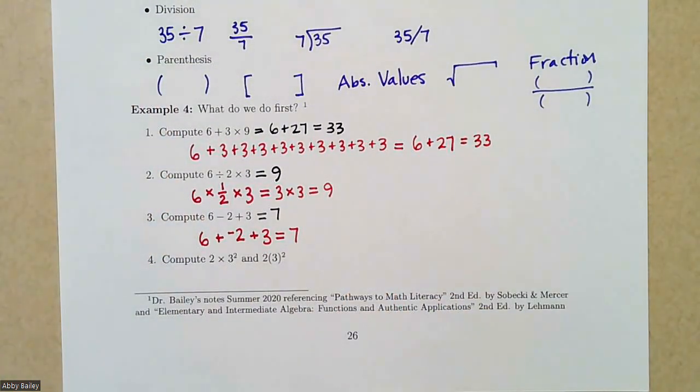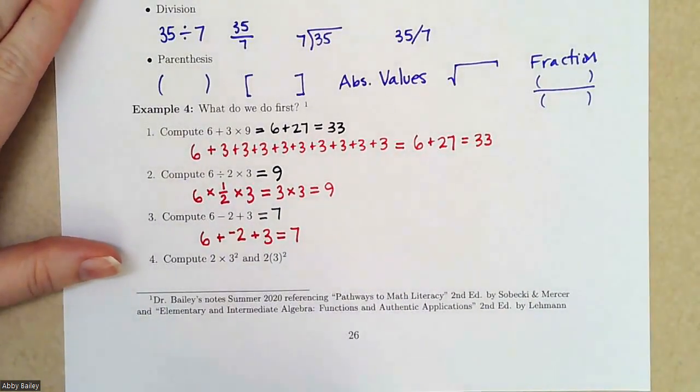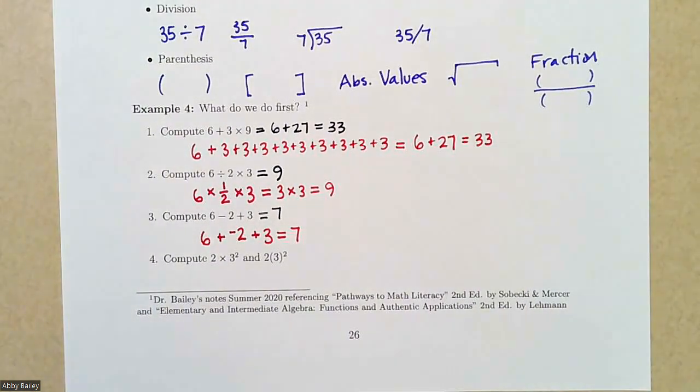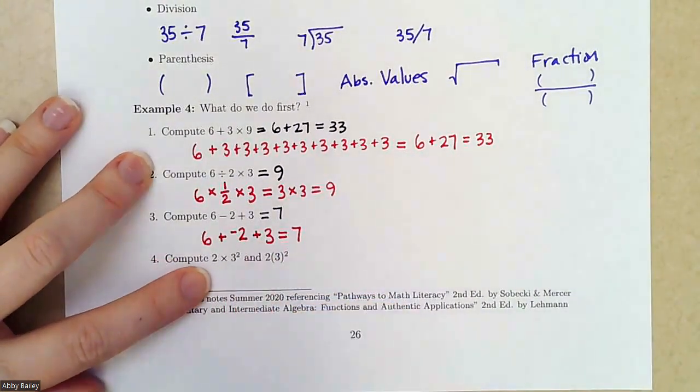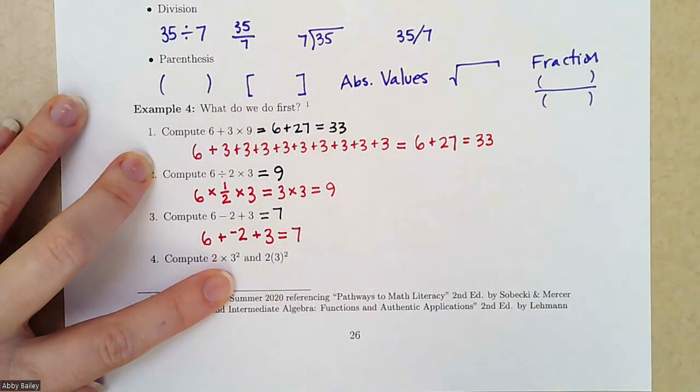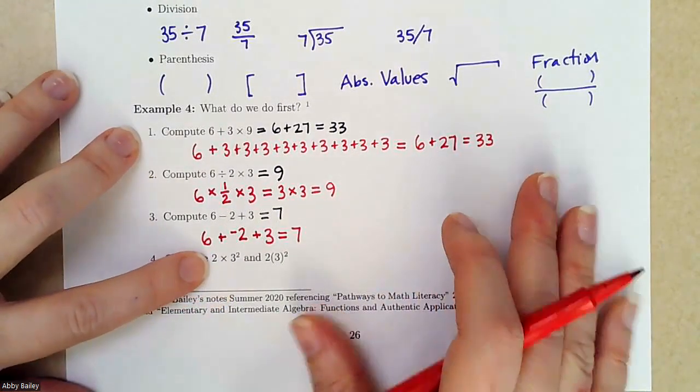Now the next example says to compute 2 times 3 squared. And there's an additional one here that looks a little bit different. But I want to use our thoughts on exponents. We said exponents are used to represent repeated multiplication.